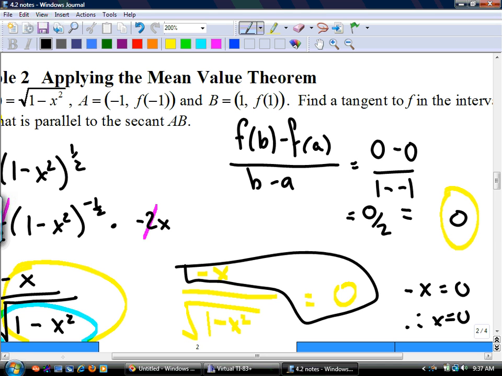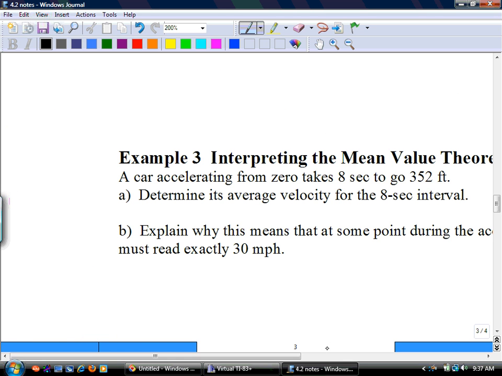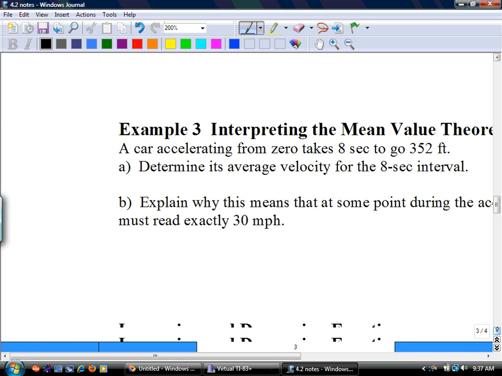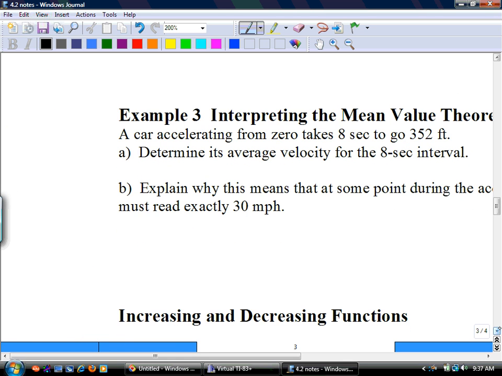Okay, sorry. Last one. See if you can figure this out. The car accelerates from 0, takes 8 seconds to go 352 feet. What is its average velocity? Eight seconds, 352 feet.